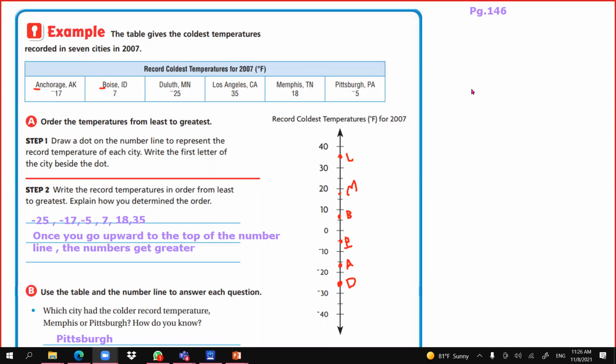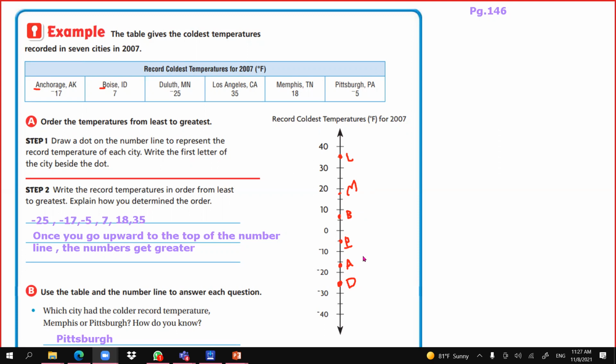Which city has the colder temperature? The least one. Is it Memphis or Pittsburgh? Look at the number line here. This is Memphis and this is Pittsburgh. The colder one is the least one. It is the one to the bottom. So it will be Pittsburgh.